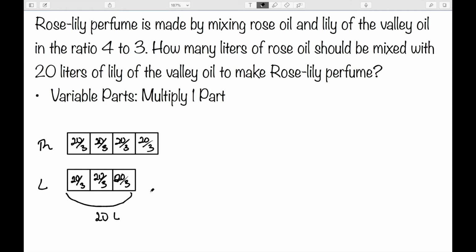To get the 20/3, I had to divide 20 by 3. Since all the parts of lily and rose oil contain the same number of liters, I can express it as just 4 parts of rose oil that each have 20/3 liters. So 4 times 20/3.